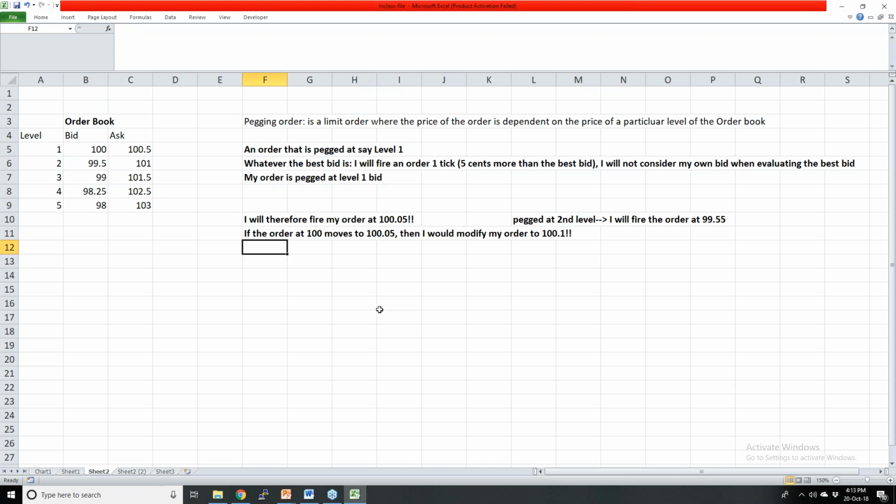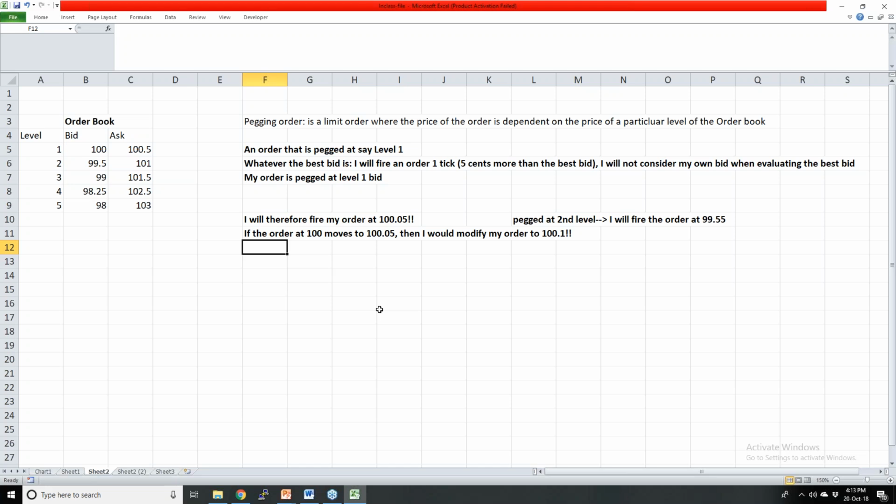There's a question: what happens if the best bid moves to 100.45? If you have no conditions to check your order, then obviously you will fire an order at 100.5 and it will get traded, right?